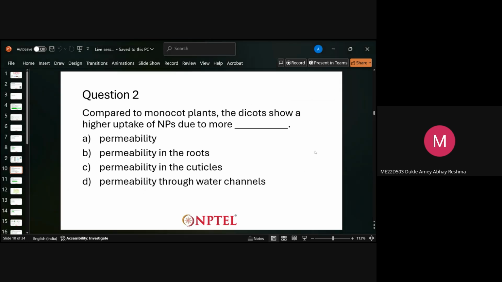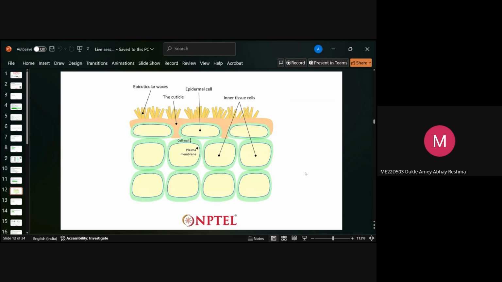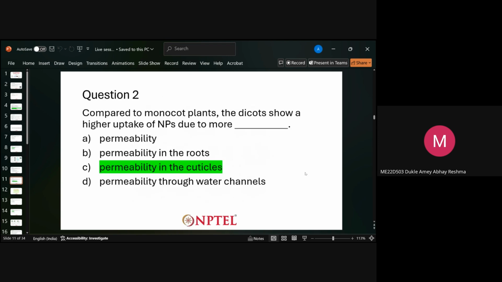Okay, so the answer is permeability in the cuticle. So basically, you can see how the cuticle and the various structures look like. From this you can see that the cuticle has a very high permeability. Due to the permeability of the cuticles, it is able to absorb all the nanoparticles.